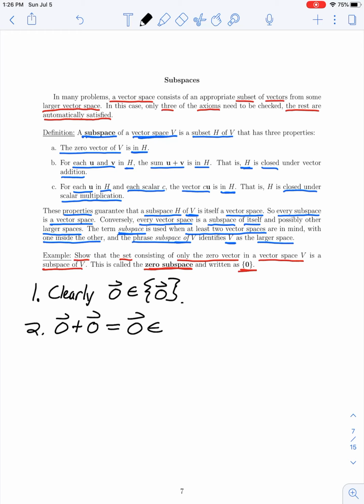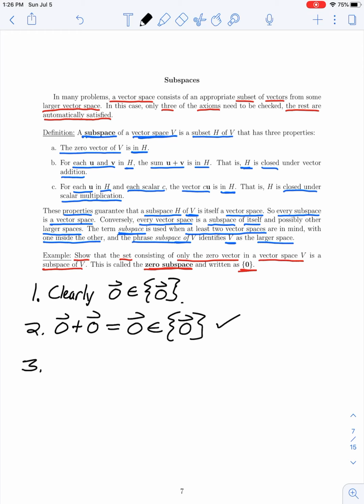And clearly we've said that 0 is contained in the set containing only the zero vector. So this space is closed under vector addition. And the third property of a subspace is closure under scalar multiplication.